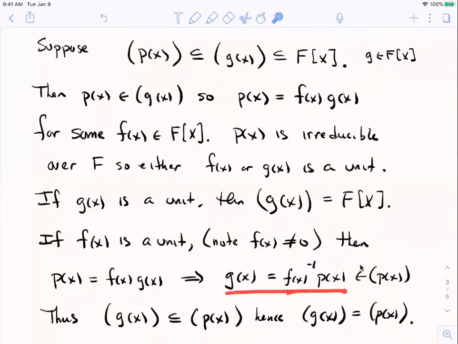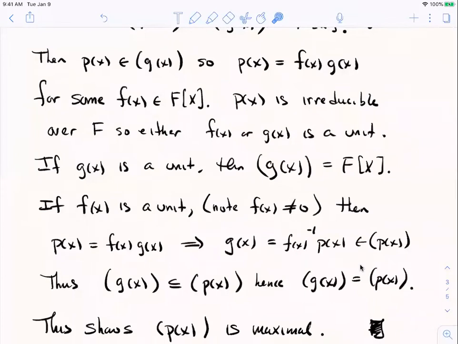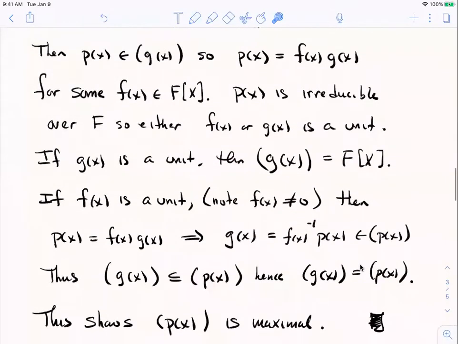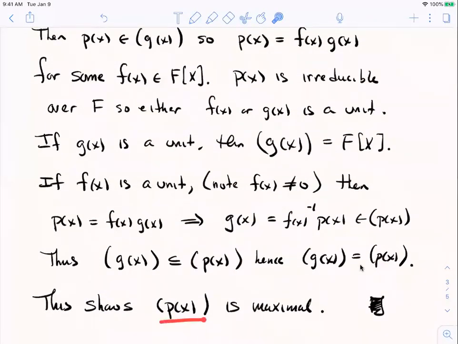And G is equal to that inverse times P, which is certainly a polynomial multiple of P, right? So if G is in the ideal generated by P, then its whole ideal is in there, but the ideal generated by P was already a subset of the ideal generated by G, so they're equal. So in the case that F is a unit, we end up getting this equality. Okay, good. So in either case, one of those two set inclusions had to be an equality, and that's by definition why the ideal generated by P is maximal.